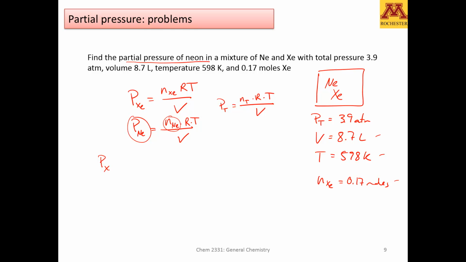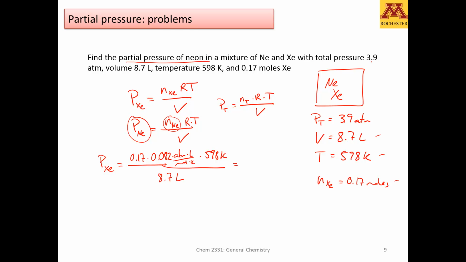The partial pressure of xenon, that we know, is 0.17 times the value of R, in atmospheres liters per mole Kelvin, times 598 Kelvin, divided by the volume, 8.7 liters. This will give us a number.